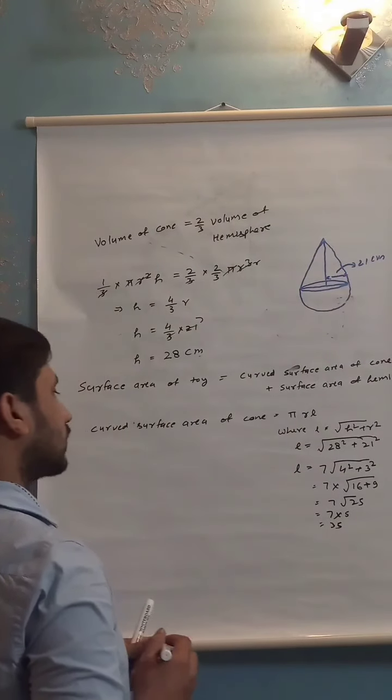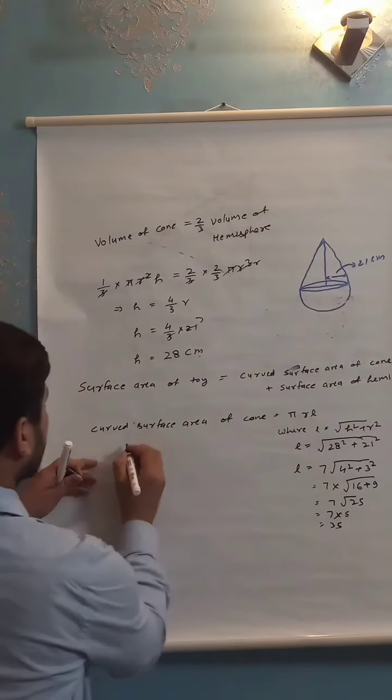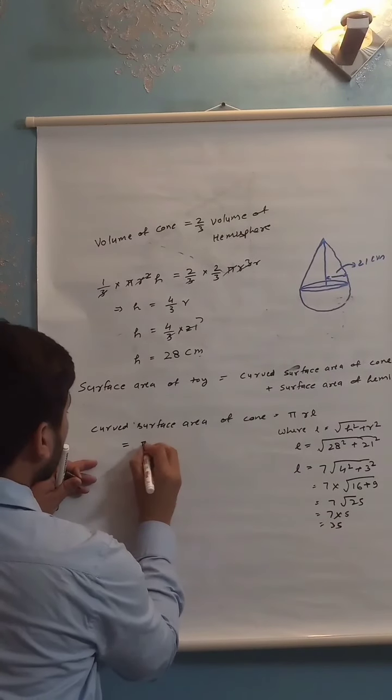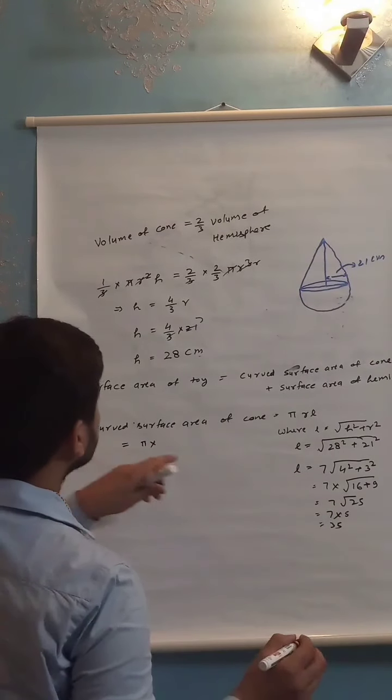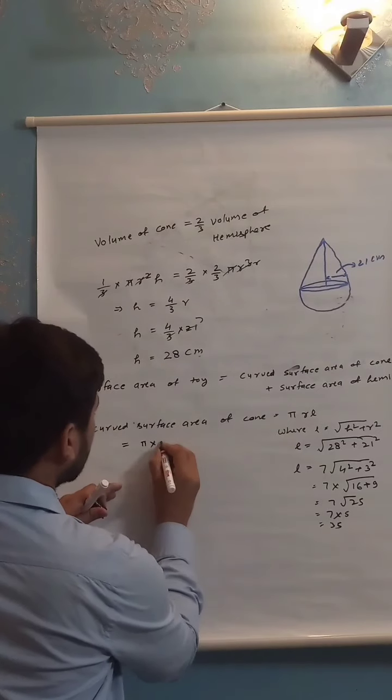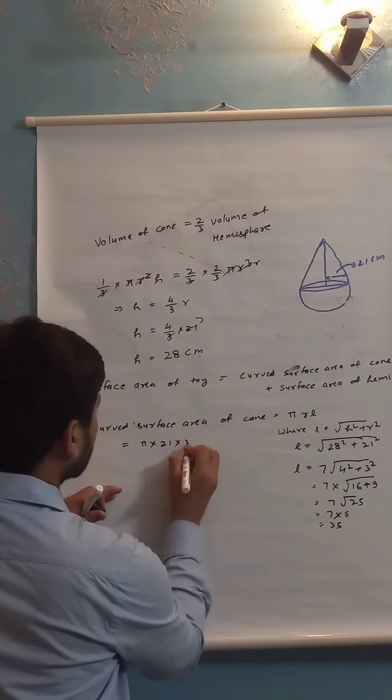L equal to 35. Put here pi into r 21 into 35.